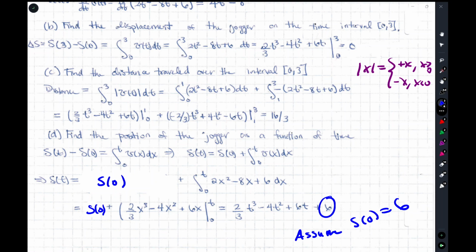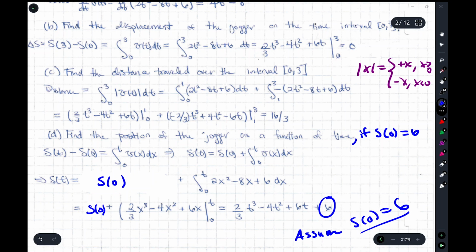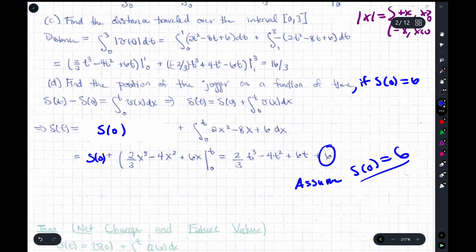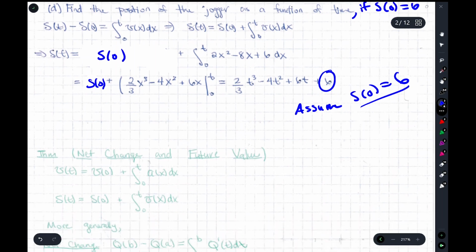Okay, and here we just fix that at s of 0 equals 6. And so this problem should have if s of 0 equals 6. Another way we could have done this is just to calculate the antiderivative of v, and you'll have a plus c at the end, and then you'll just fix that constant by inputting the time. Okay, so that's another way to have done that.